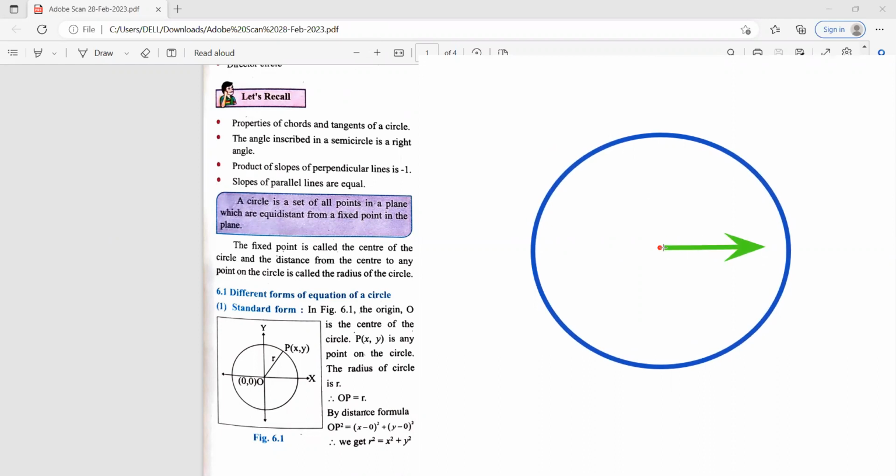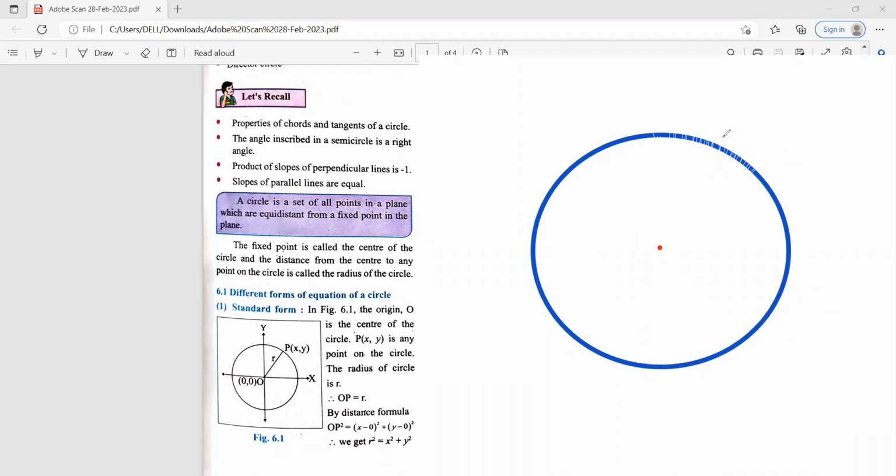Fixed point, and all these points are at a distance of 5 units from the fixed point. Okay. These points are so close to each other that you see them as a continuous line.